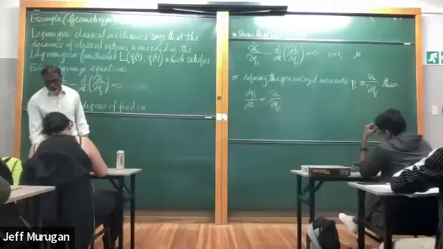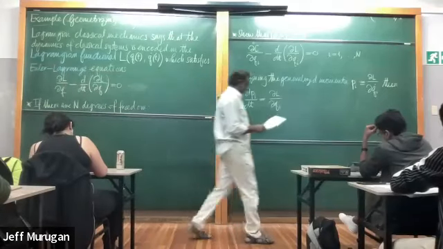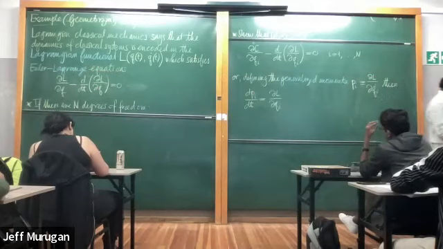So the rate of change of momentum is the derivative of the Lagrangian with respect to the coordinate.